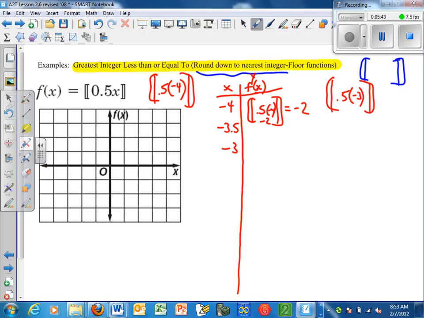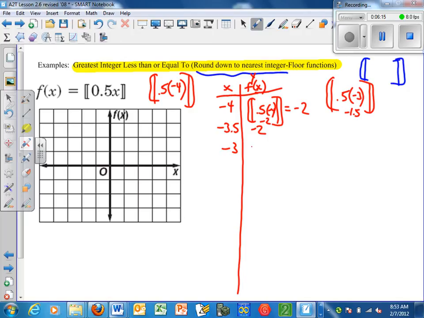I have to do that multiplication, which is negative 1.75, and then you round. This says greatest integer less than or equal to. You round it down. The integer below negative 1.75 is negative 2. This means that basically everything between negative 4 and negative 3 is going to round down to negative 2. But if I go to negative 3, I put negative 3 in there.